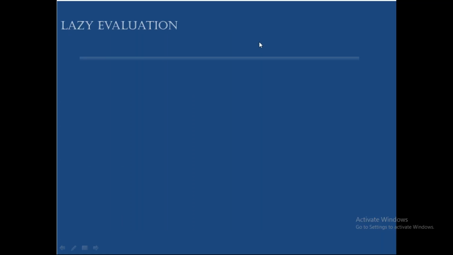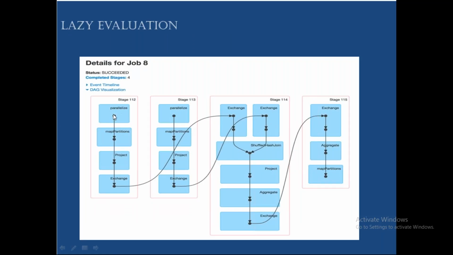Next, lazy evaluation. Try to understand. You have all these pictures, right? All these are DAGs. This is a DAG visualization, directed acyclic graph. Spark will not execute any of this.